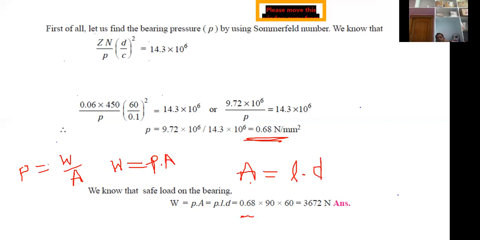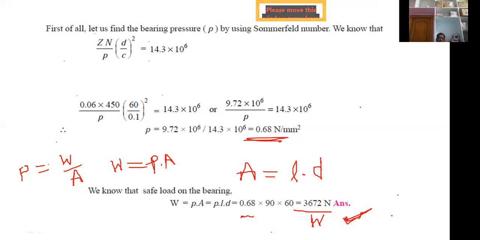Here capital A is the projected area, L into D. Now substitute the values of L, D and P. Finally you get the answer W equal to 3672 newtons. This is the answer for the safe load. So the safe load acting on the bearing is 3672 newtons. This is our required answer for this problem.